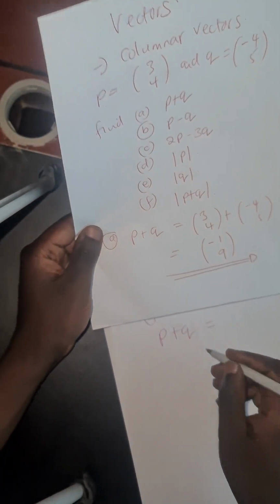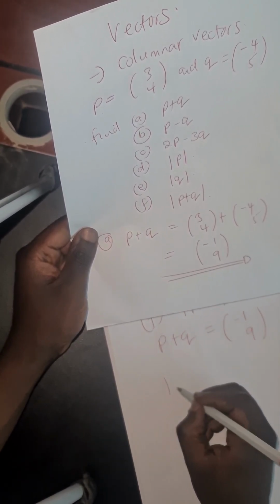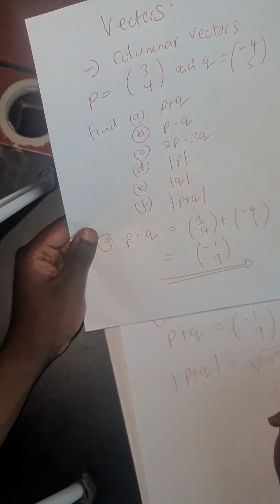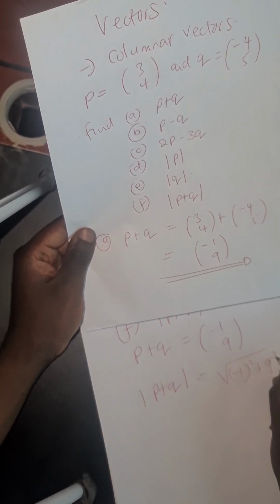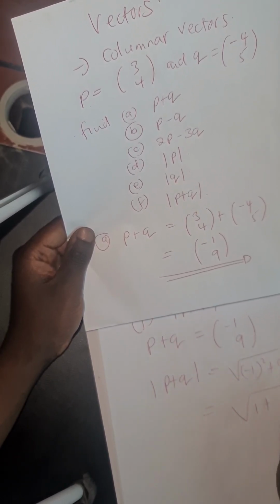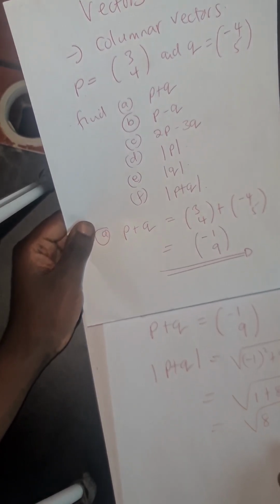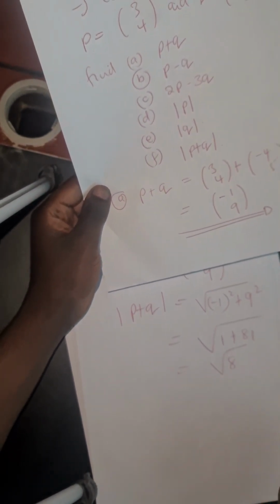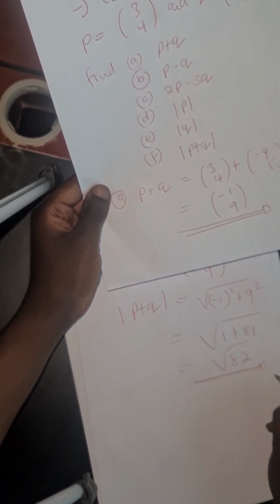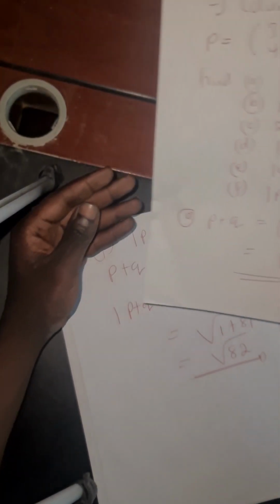We got -1 and 9. So to find the modulus of P plus Q, we say -1 squared plus 9 squared, and then that's 1 plus 81. We say square root of 82. Now we can't really work out the square root of 82, so we're just going to leave it like that, right? So these are the most simple vectors.